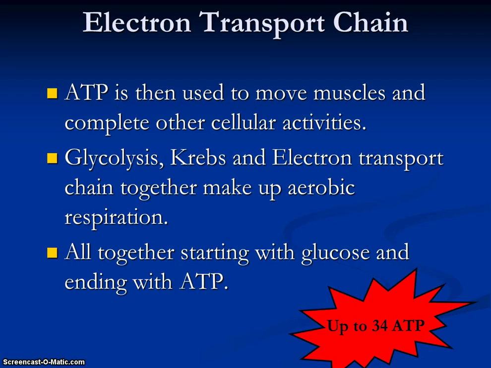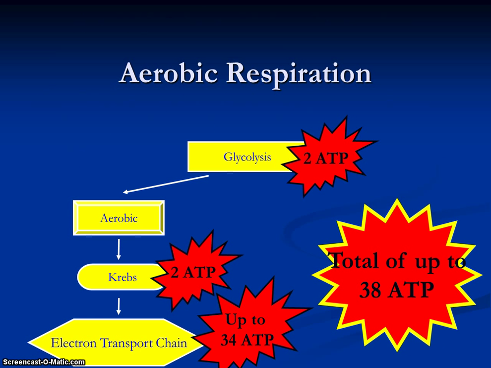So, a quick look at it. We know we got glycolysis, then through aerobic respiration we got the Krebs cycle and the electron transport chain, that all makes aerobic respiration. The total number of ATP you can get from just the electron transport chain is 34. Together, the whole process of aerobic respiration is going to produce 38 total ATP molecules.